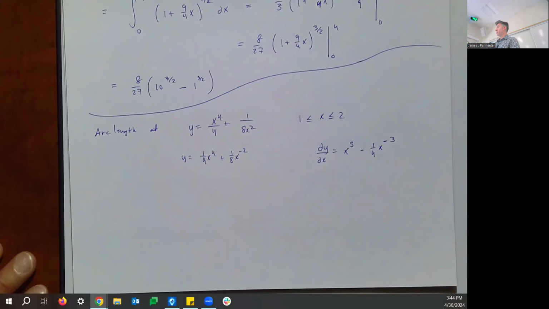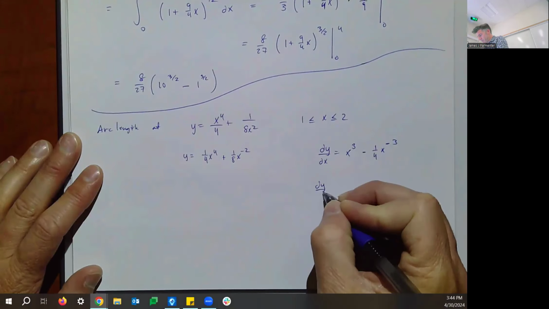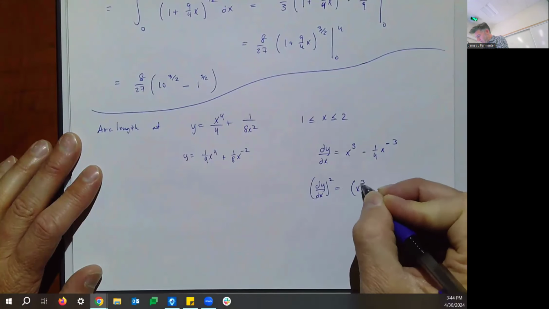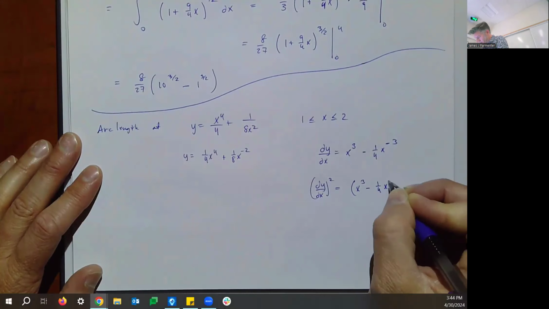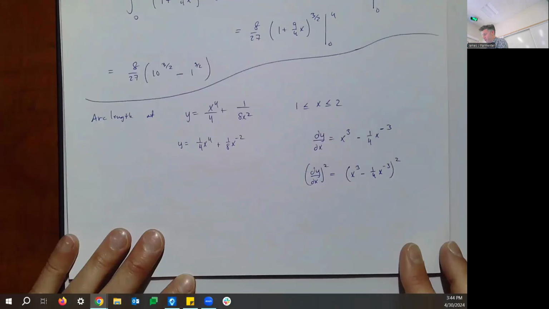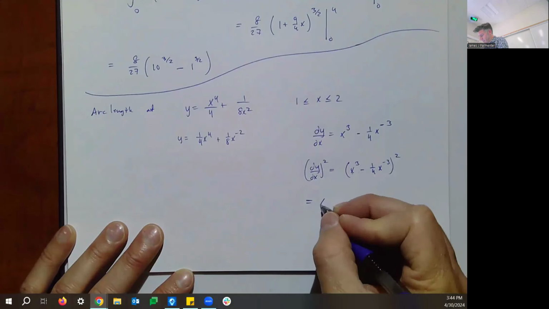And then we're going to square them. I like doing this work on the side, especially when something kind of cool happens like this. It's about to happen. So if we square this, here's the important part. We're going to get x cubed squared, so x to the 6th.